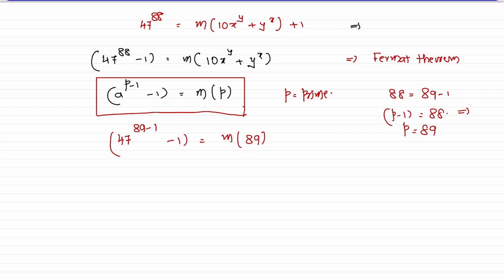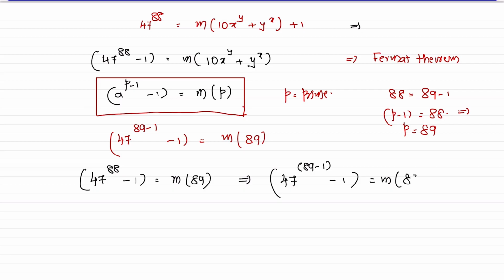Can we write like this? 47 to the power of 88 minus 1 is equal to m into 89. That implies 47 to the power of 89 minus 1 is equal to m into 89.